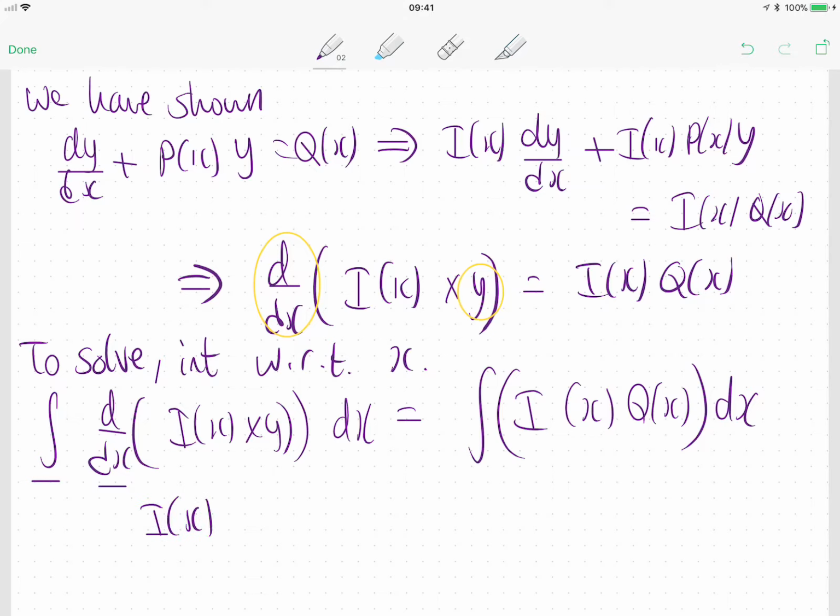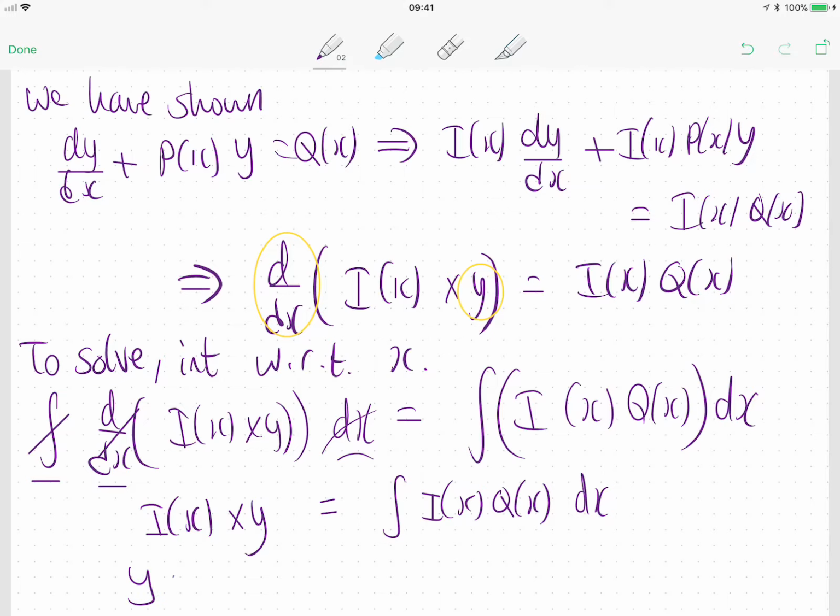So I'm left with I of x times y on the left hand side, because all these symbols just cancel off. Integration, differentiation, opposite. The right hand side is just some function. I don't know what it is. I don't have any specific functions to deal with at the moment. It's just the integral of I times q.